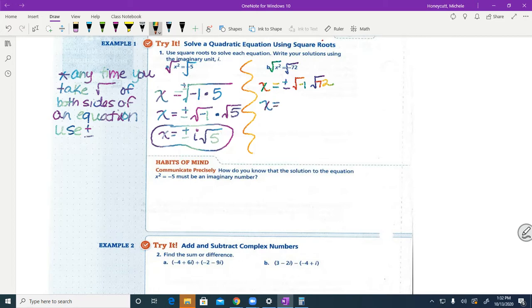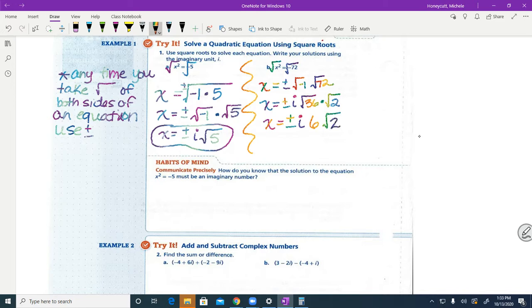So x equals plus or minus, the square root of negative 1 is i. The square root of 72, I can rewrite as the square root of 36 times the square root of 2. I can simplify that. So x equals plus or minus i, the square root of 36 is 6, and the square root of 2 is irrational.